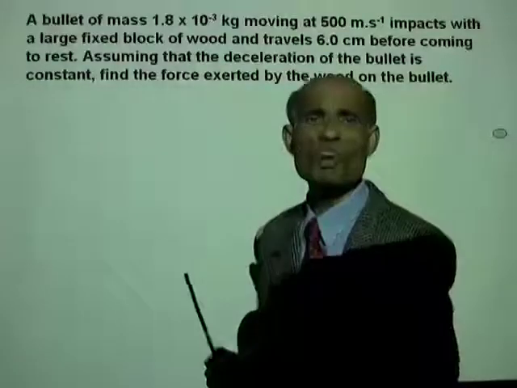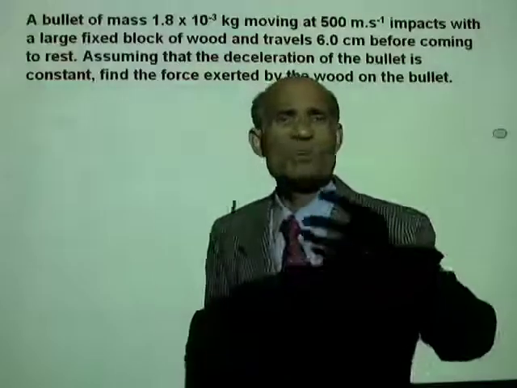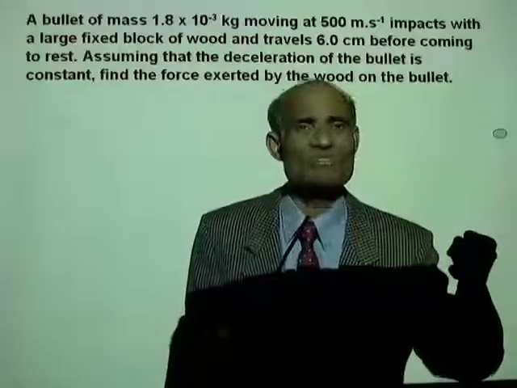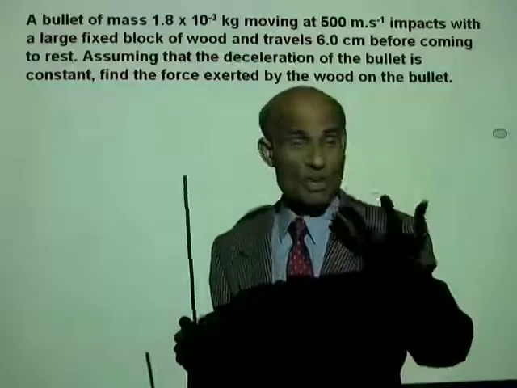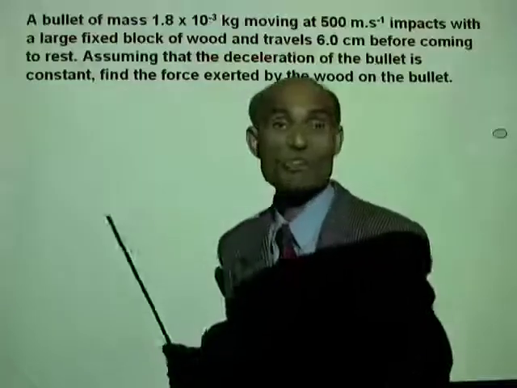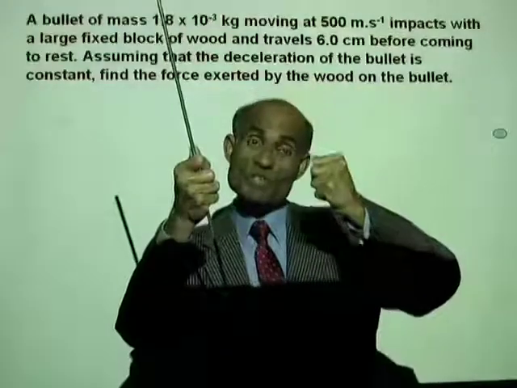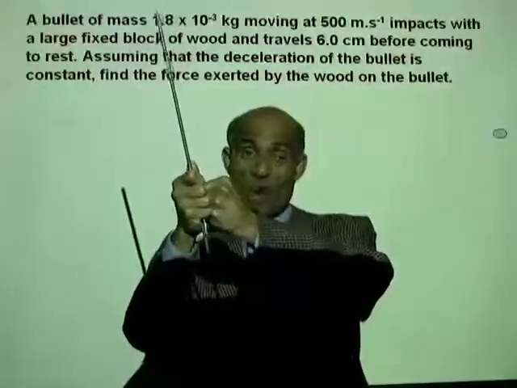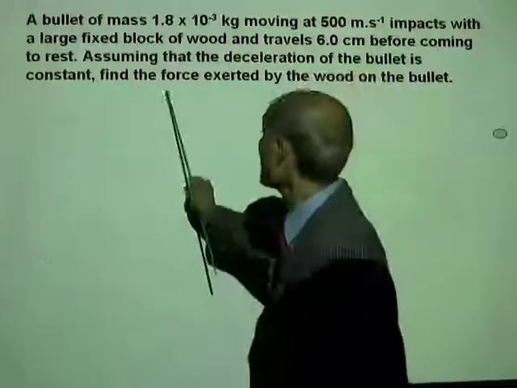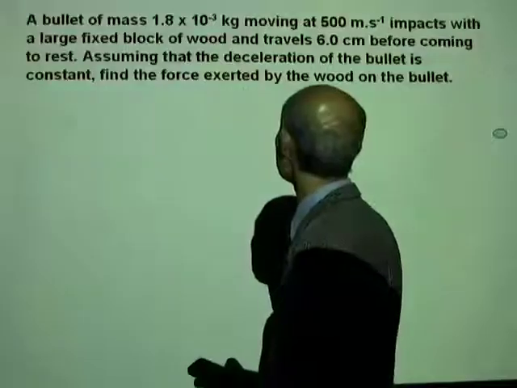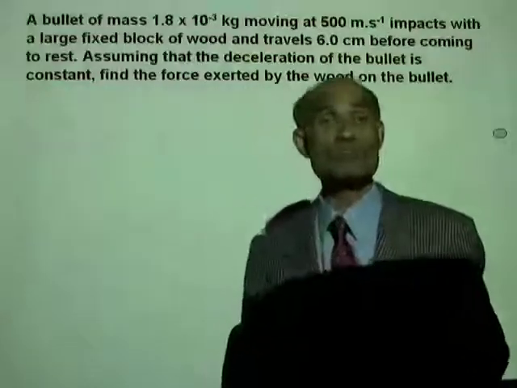Well, I use the word deceleration because it is a negative acceleration. I should have actually used the word acceleration because acceleration can be positive or negative. The bullet is brought to a stop, which means the acceleration is negative. And find the force exerted by the wood on the bullet.